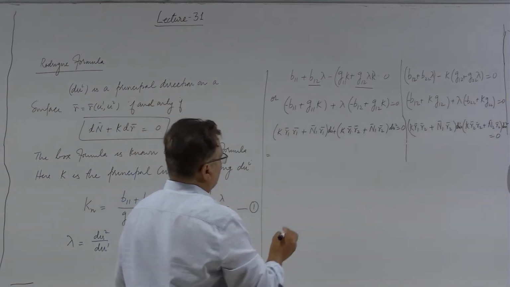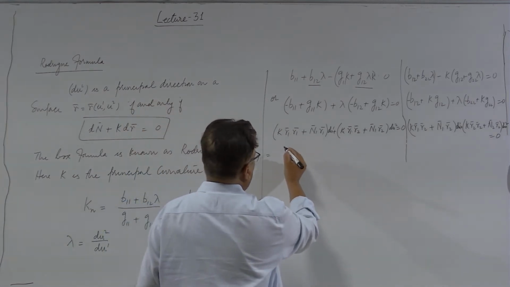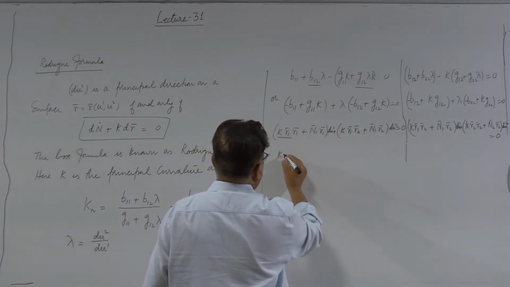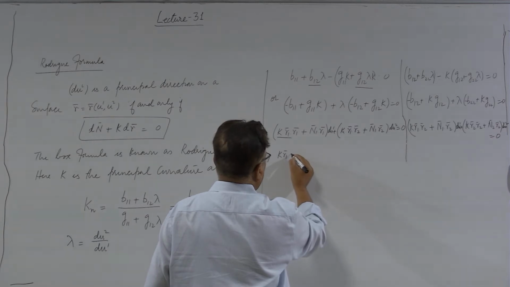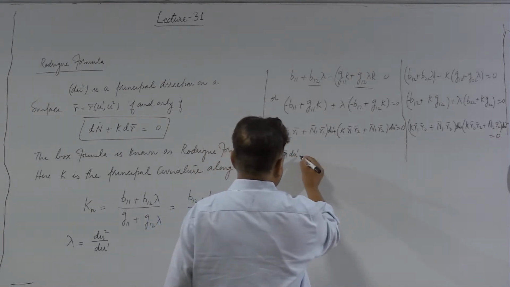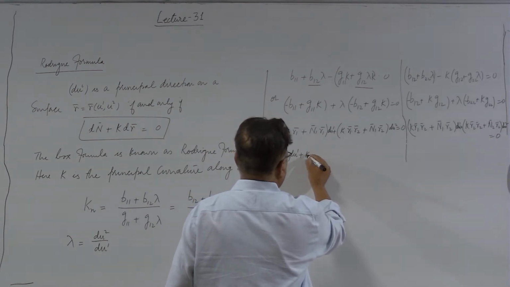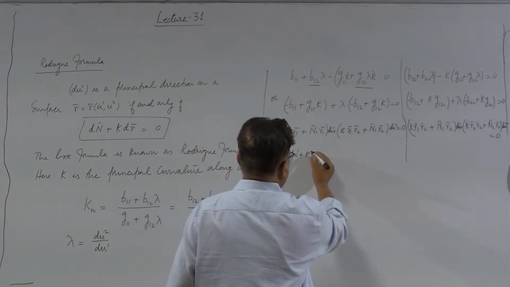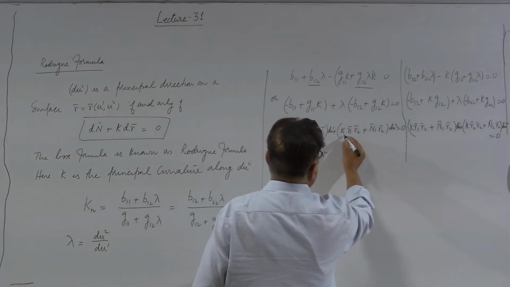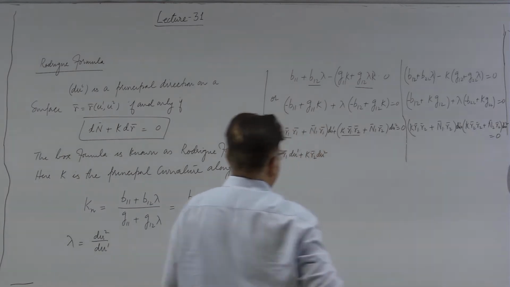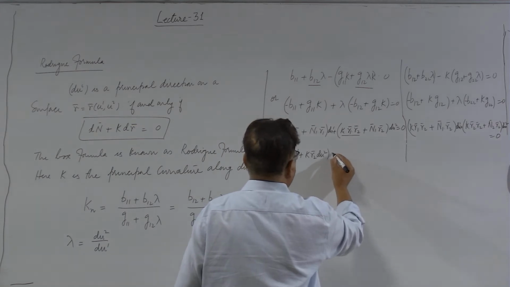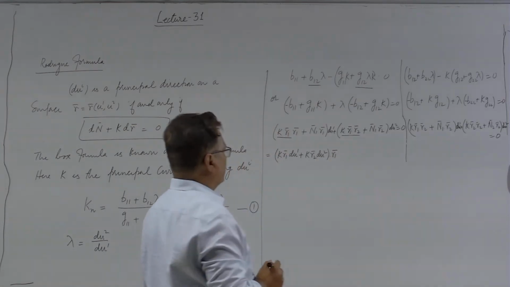Okay. Now, look at these terms, k times r1 du1 plus k times r2 du2. I have taken this term and this term, dot r1. Is it okay?